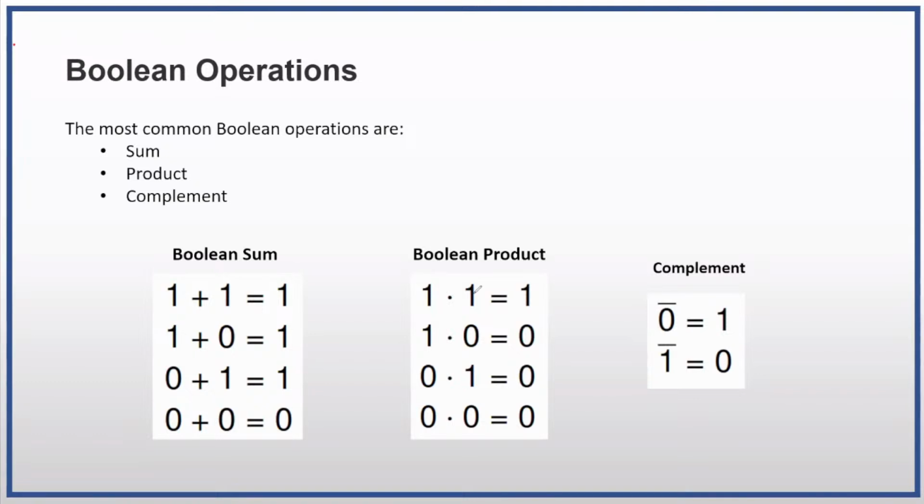So 1 into 1 is 1, and 1 into 0 is 0. That means if any input is 0, you get 0 as the output. And the complement, which I have mentioned before: the complement of 0 is 1 and the complement of 1 is 0. Okay, so these are the Boolean operations.